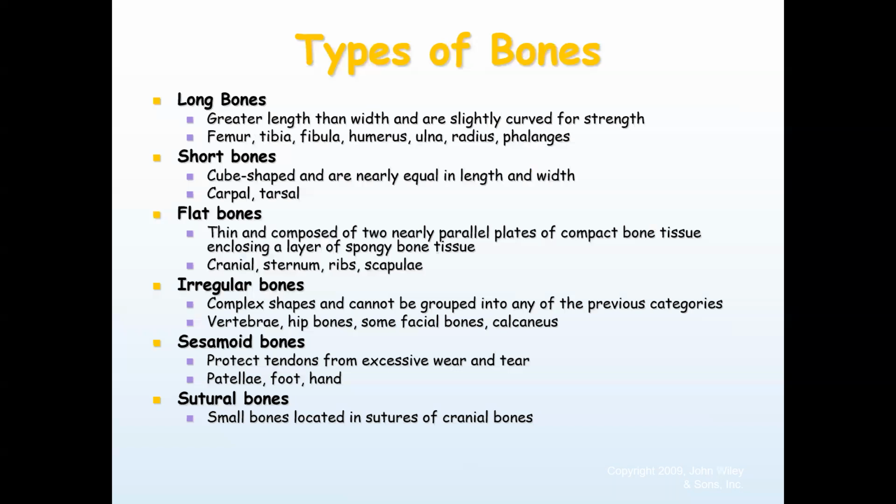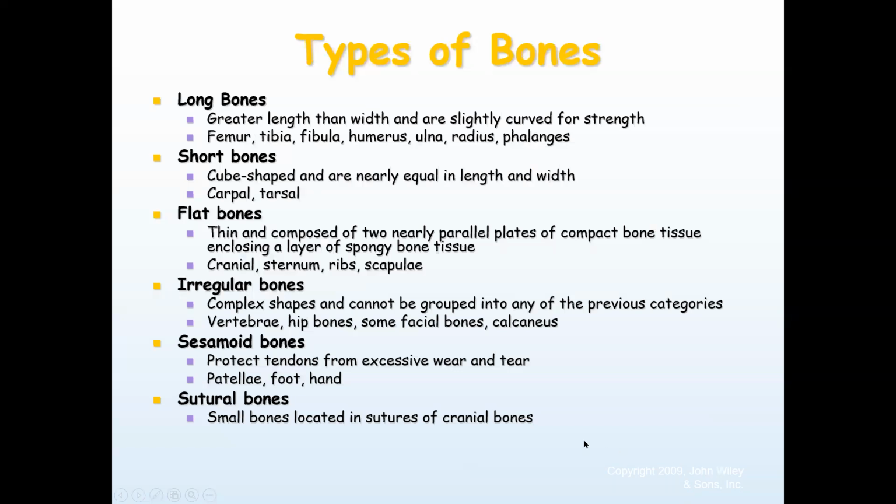So it mentions here, short bones can be found in the carpal and tarsal regions, okay? Your carpals are your wrist bones, and your tarsals are your ankle bones. And of course, we'll be looking at them in a little bit more detail later, right? So your carpals and tarsals are examples of short bones, slightly longer than they are wide, okay?